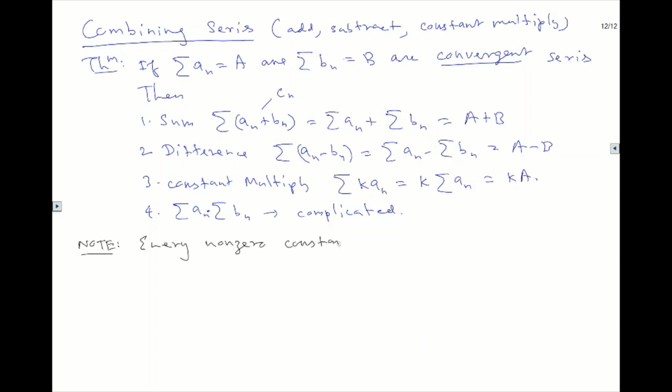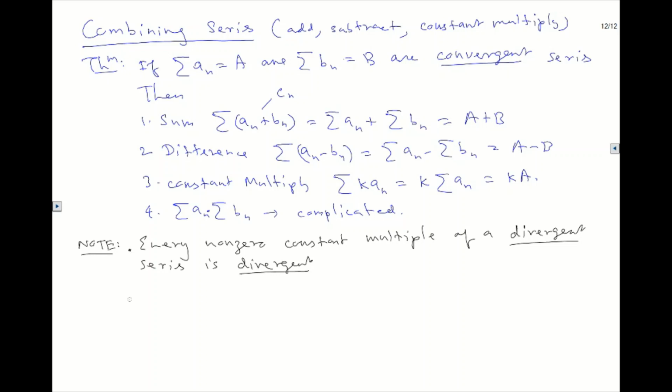Every non-zero constant multiple of a divergent series is divergent. Okay, every constant multiple of a divergent series is divergent.